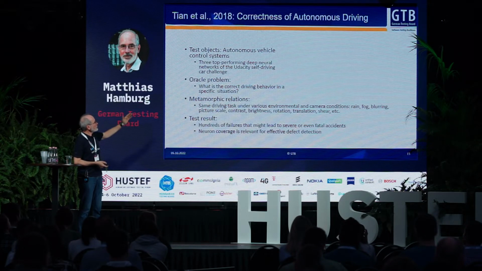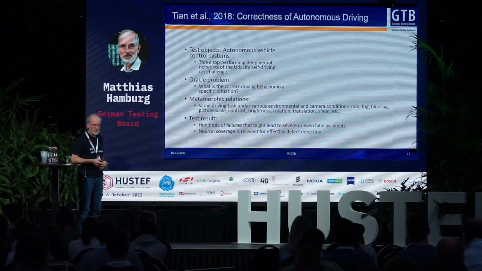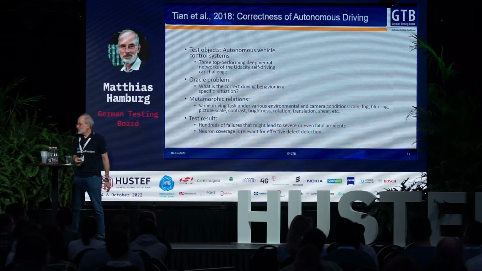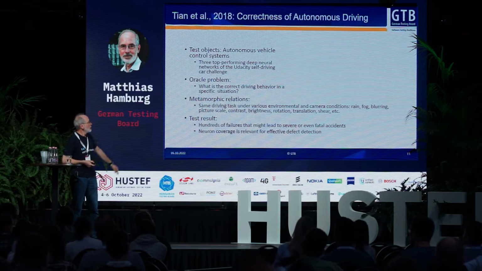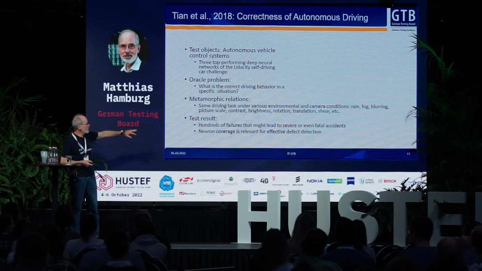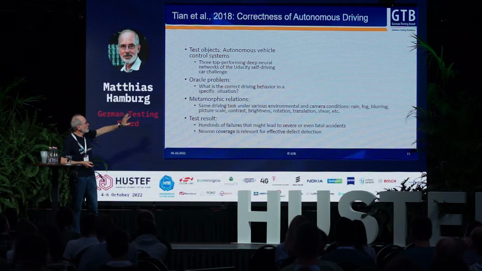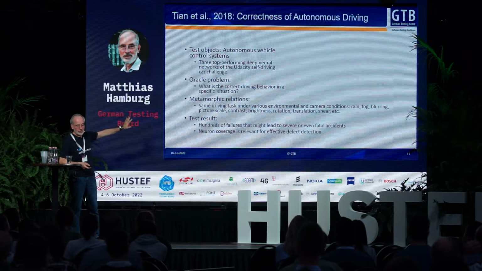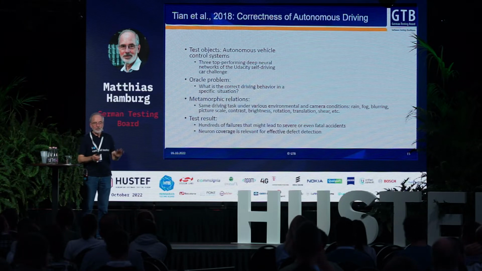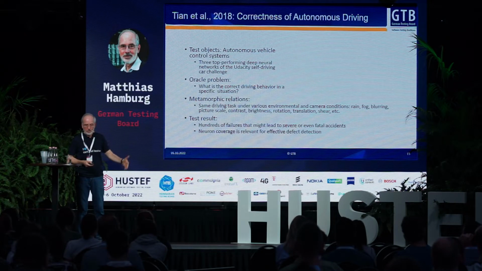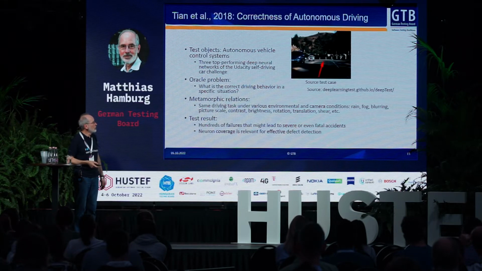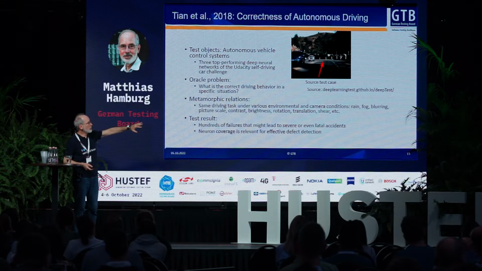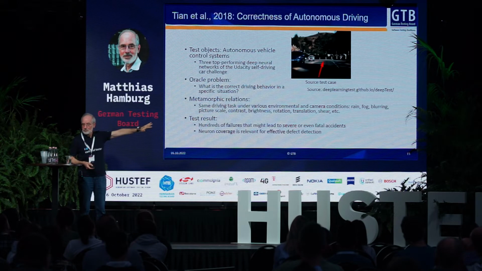A next one about the correctness of autonomous driving, and we just had this topic before. I don't want to go into the details because the time is running out, but they also tested a top-performing deep neural network-based artificial intelligence vehicle control systems, self-driving systems, and they published in the internet on GitHub their failures.